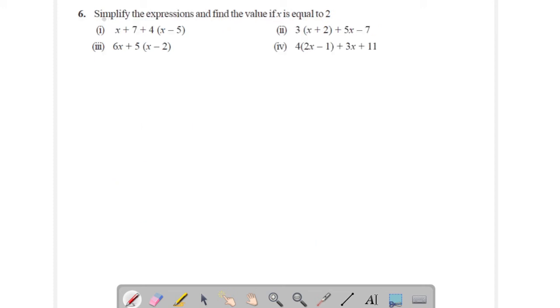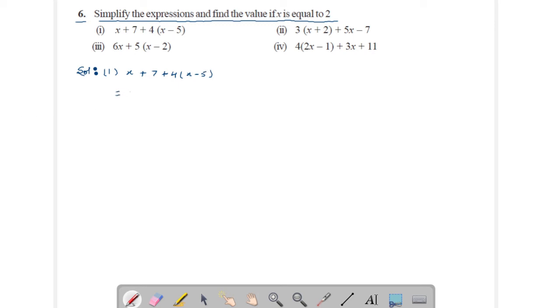Come to question number 6. Simplify the expressions and find the value if x is equal to 2. See the solution. First part, x plus 7 plus 4 within the bracket x minus 5. First solve the expression. Open the bracket.